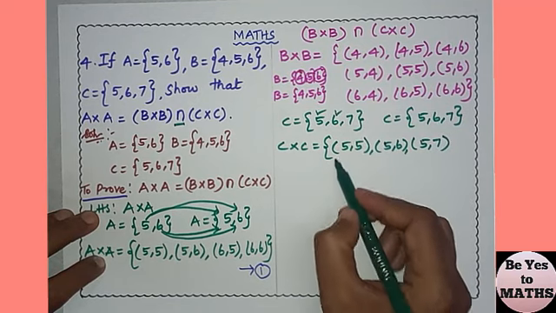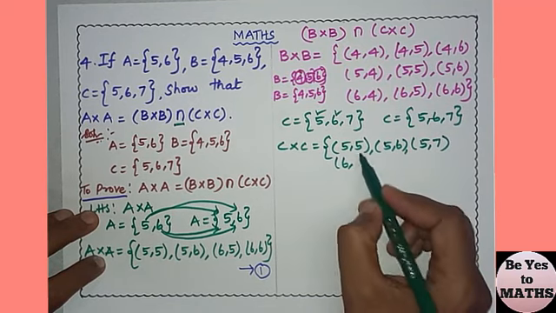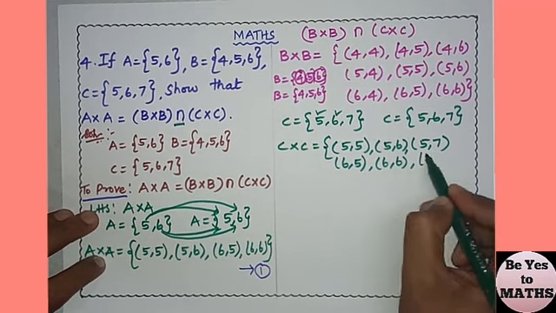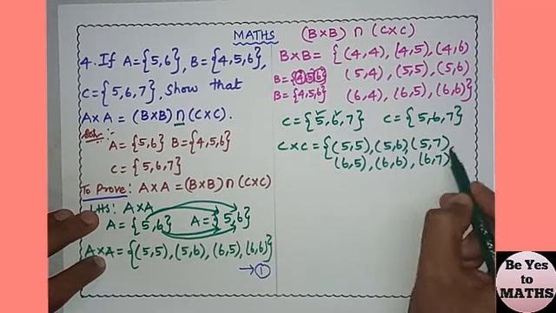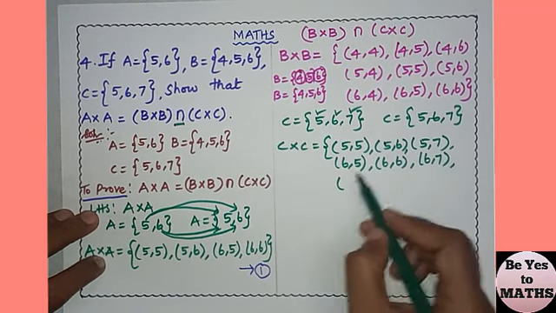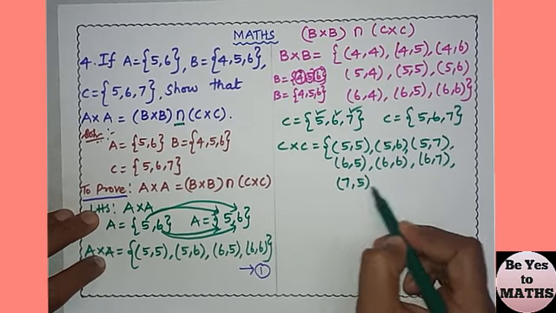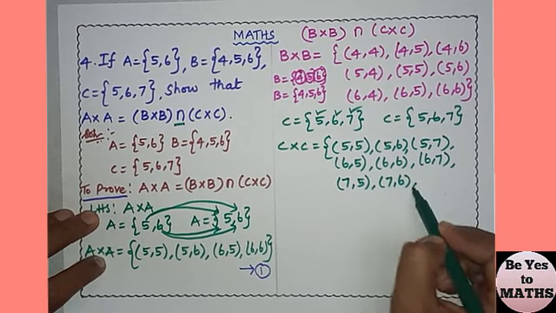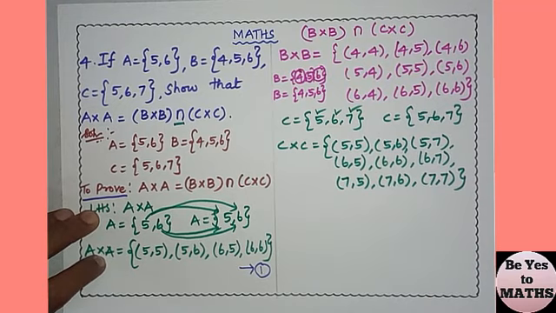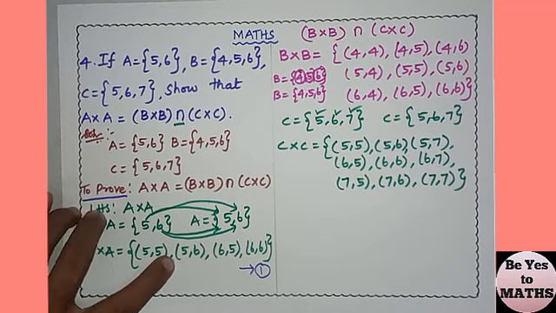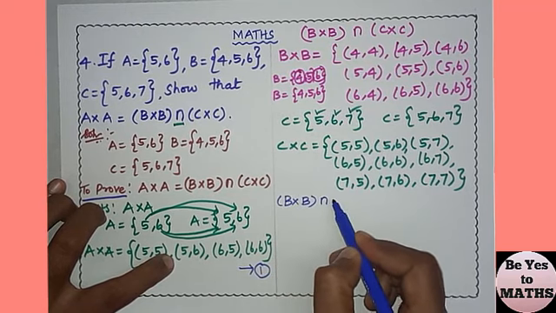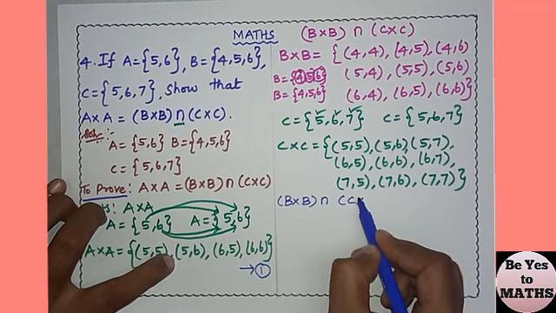Now take 6, pair with all the elements: (6,5), (6,6), (6,7). Now take element 7 and pair with all the elements here: (7,5), (7,6), (7,7). This is C cross C, but we need to find out B cross B intersection C cross C.